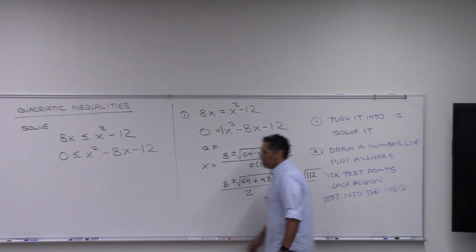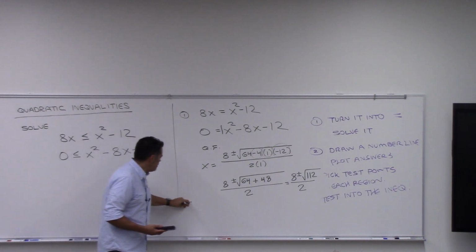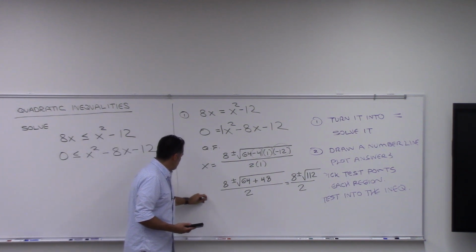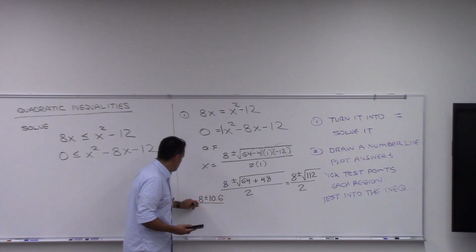All right, get my calculator out. Square root of 112. 10.6, good enough? So I have x equals 8 plus or minus 10.6 all over 2.